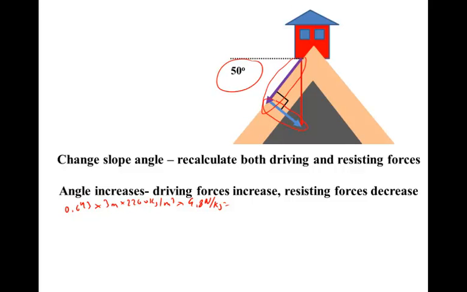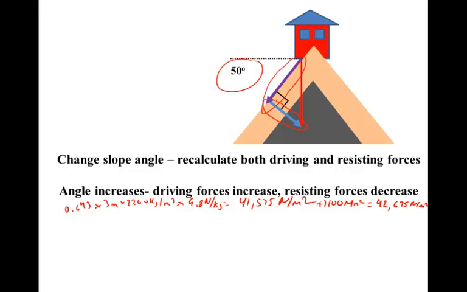Our new resisting forces are 41,575 newtons per square meter. Add our cohesion, 1,100 newtons per square meter. We get 42,675 newtons per square meter as our new total resisting force.